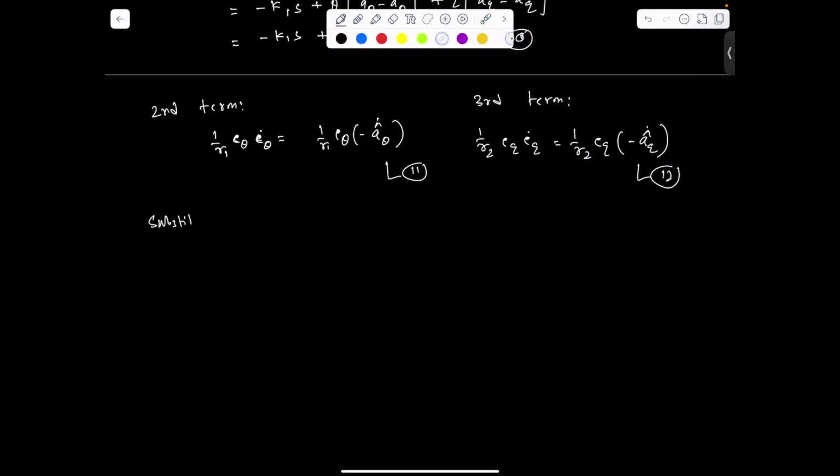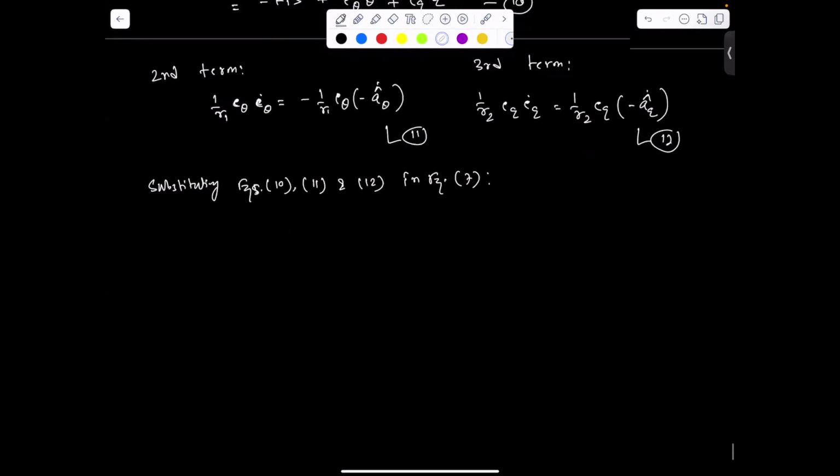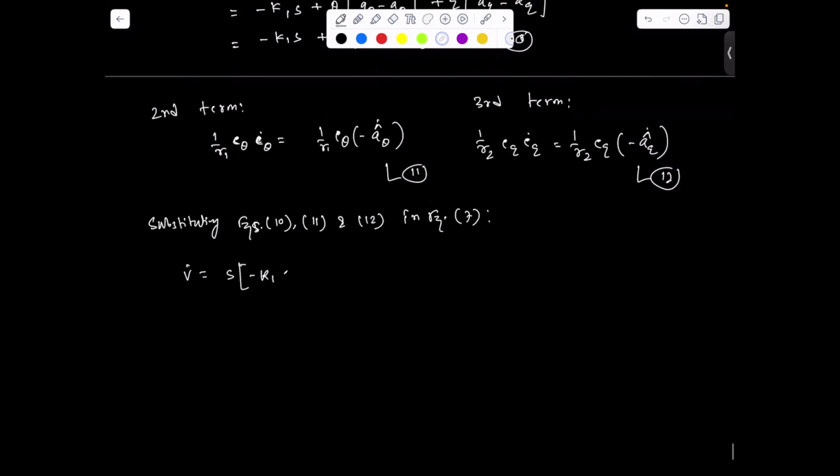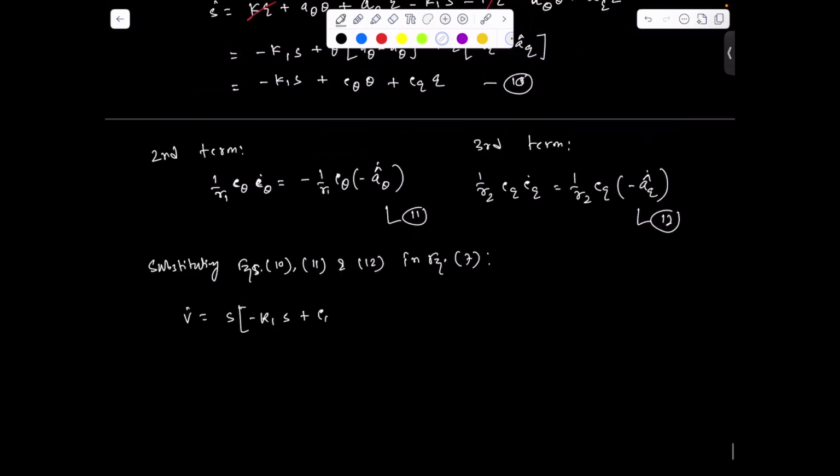Substituting equation 10, 11 and 12 in equation 7 we have V dot, we can write S into minus K1 S plus E theta EQ Q plus minus 1 upon R1 E theta cap dot minus 1 upon R2 EQ AQ cap dot.